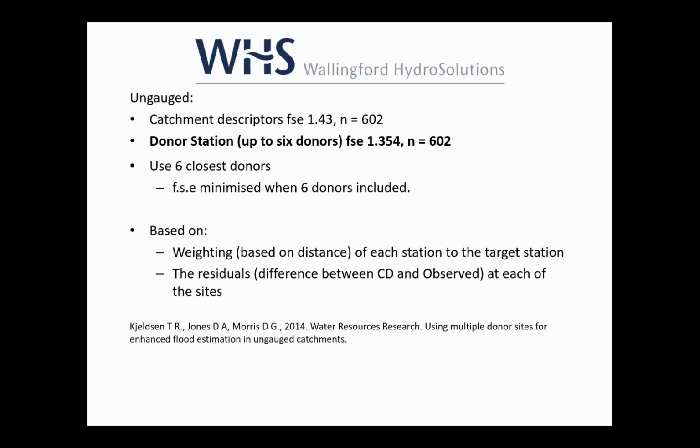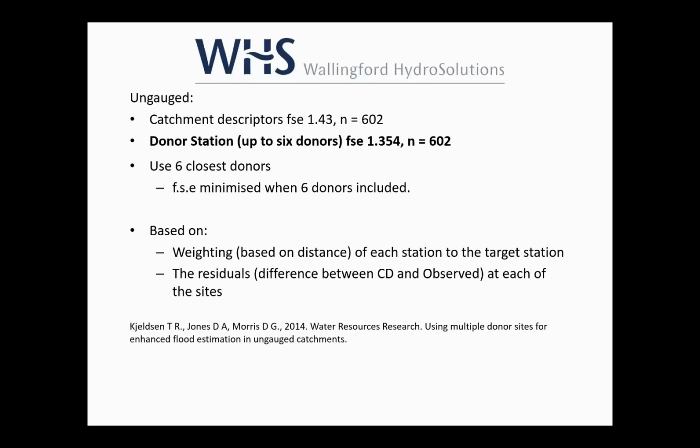You don't just use 6 donors off the bat. Donors should have similar catchment characteristics to your ungauged site. Most importantly, you're really looking at descriptors BFI host, SAR, and FAL. Area is also important, but less important if multiple donors are being used.